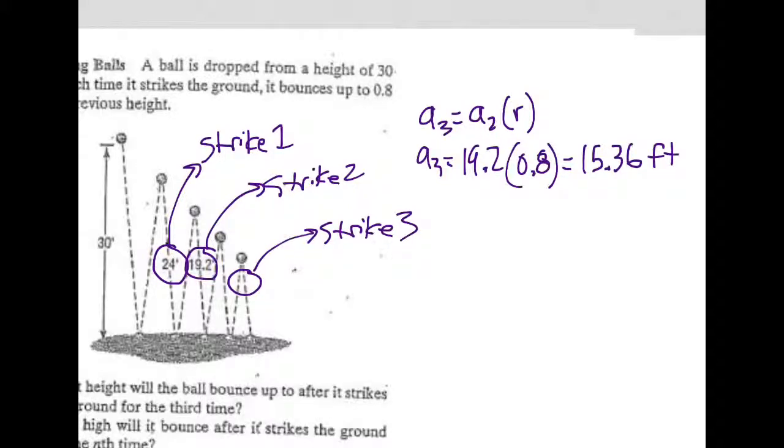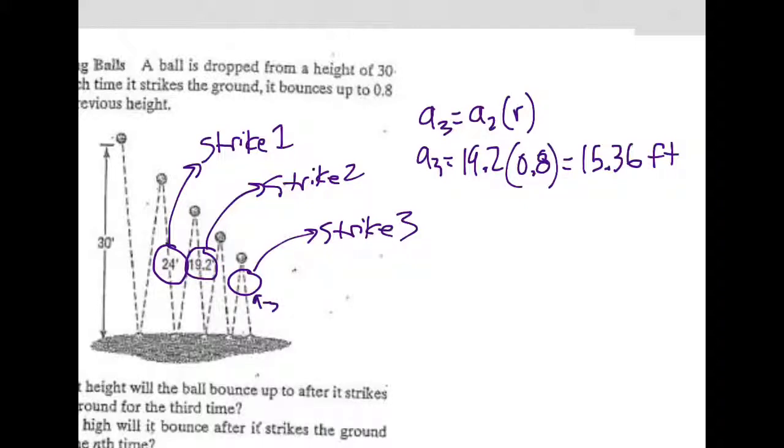Now, if you've noticed, I've been writing this in terms of the sequence number, which is important here, and it's going to help us with the next part. I have defined my third term as the height after the third bounce, a sub 3.